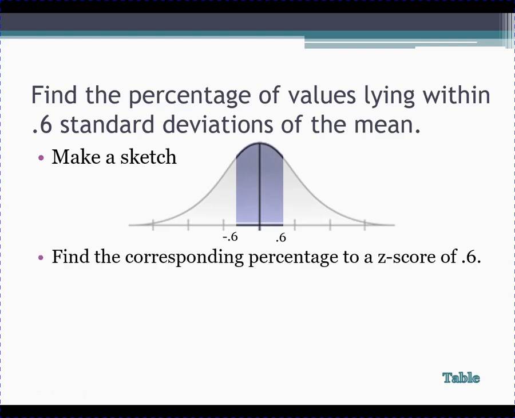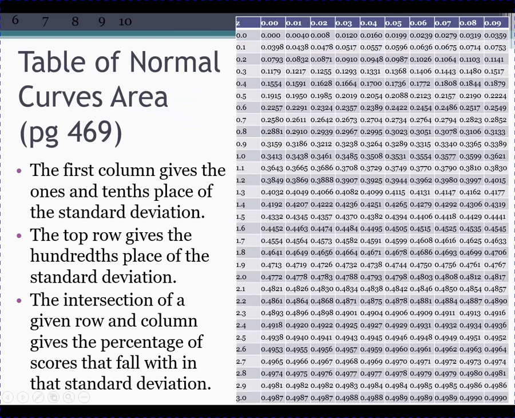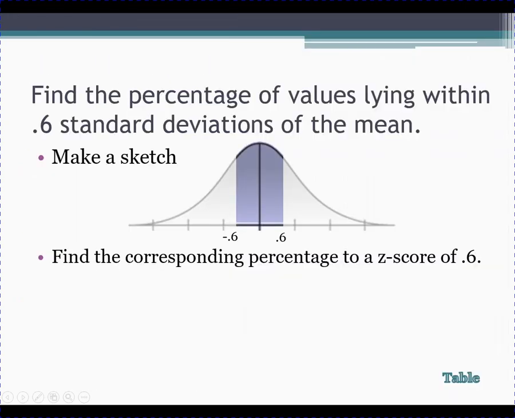What we need to do is find the percentage for 0.6. So let's go to our table and do that. Our percentage for 0.6 standard deviations is 0.2257.